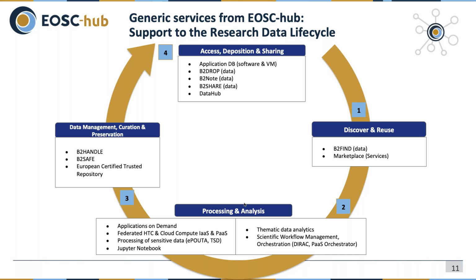During the processing and analysis, there is a vast amount and quality of services that are offered from EOSC-hub, ranging from ready-to-use online applications to baseline federated high-throughput computing, cloud computing infrastructures that provide different levels of abstraction from the infrastructure level, where you have full control of the virtual machines, to more platform-like approaches where you have higher level of complexity.